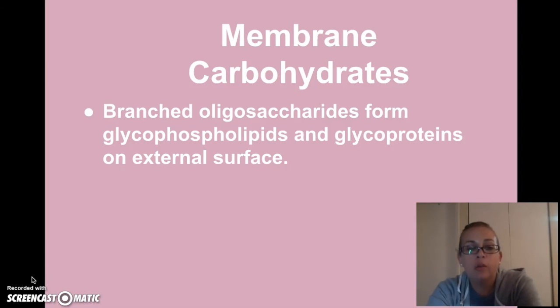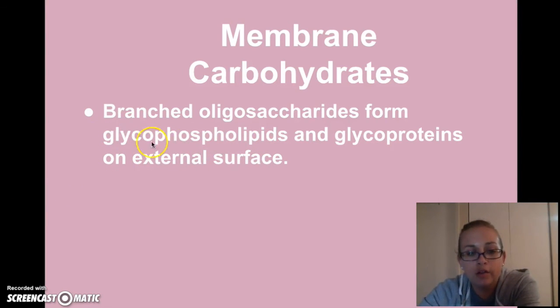So these membrane carbohydrates are branched oligosaccharides, and so again, we had the monosaccharide, which was 1 sugar, disaccharide 2 sugars, then the polysaccharides where you're looking at lots and lots, and oligosaccharides where you're going to have a few of those sugars bonded together to form a kind of smaller polymer. They are going to be the carbohydrates that you see on the cell membrane, and they're going to form, I know this looks like a lot, but it's glycophospholipid.